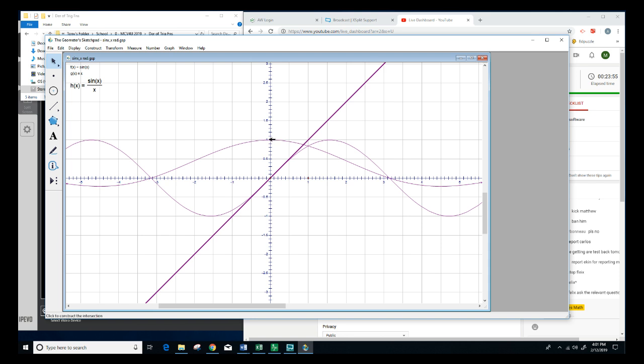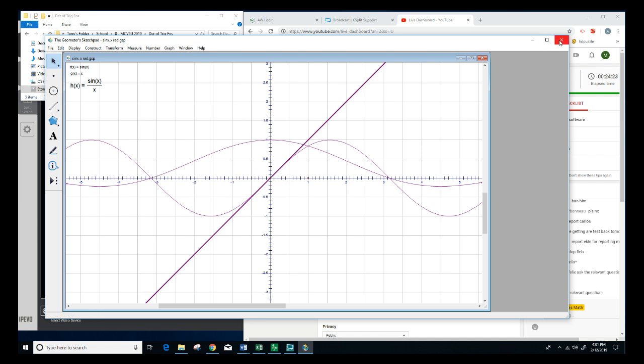Now obviously this function should have a hole there, it doesn't show, but you see that if we approach it from the left and from the right at 0, it's approaching 1. While this is not a proof that the limit of sine x over x as x approaches 0 is 1, it's a fairly nice graphical argument that we're making.